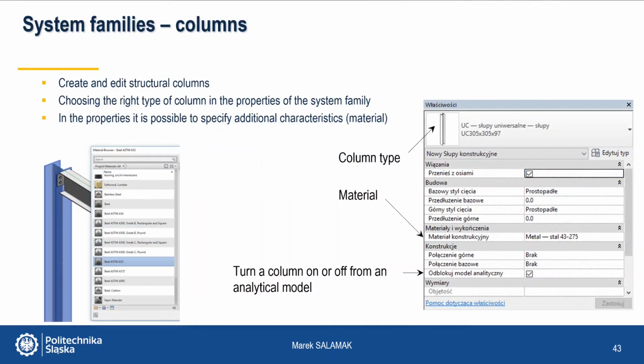Now there will be some examples of systemic families. First, columns. Here's an example of a steel column. You can select the column cross-section and material from the list. Since it is a construction element, structural element, we can also manage its analytical representation.